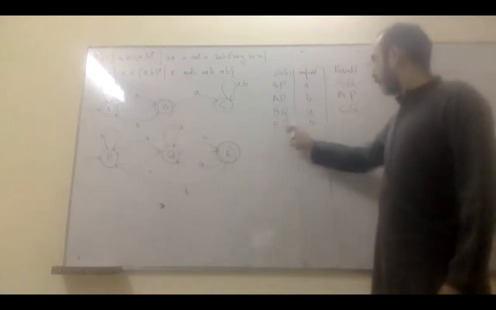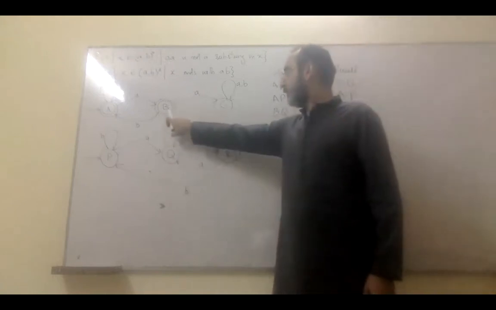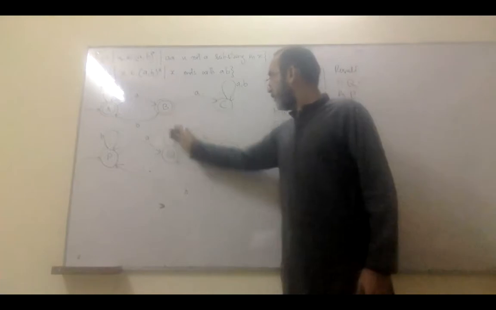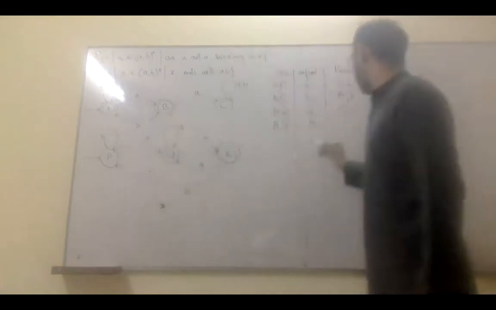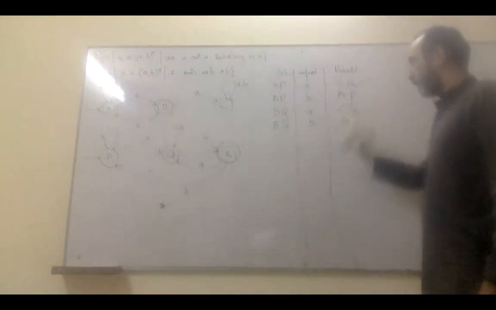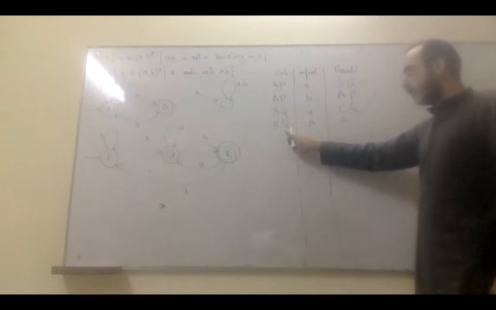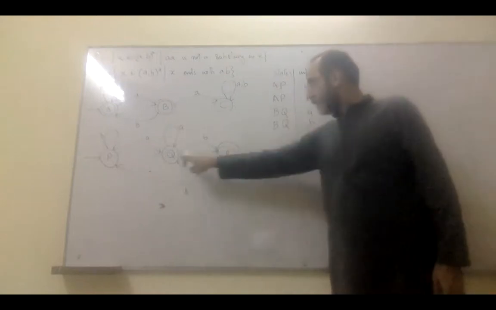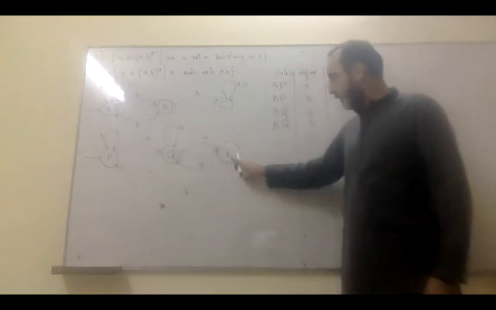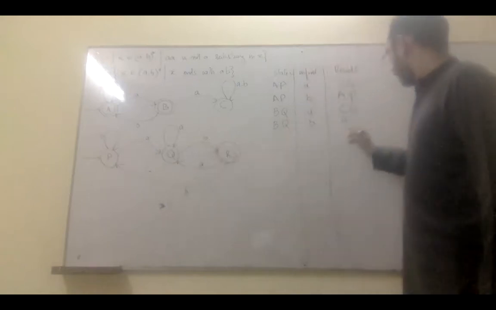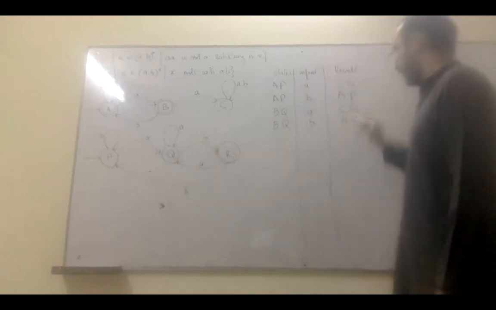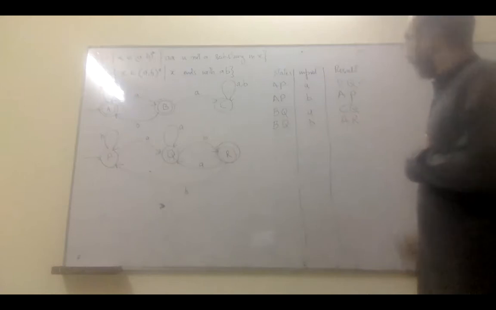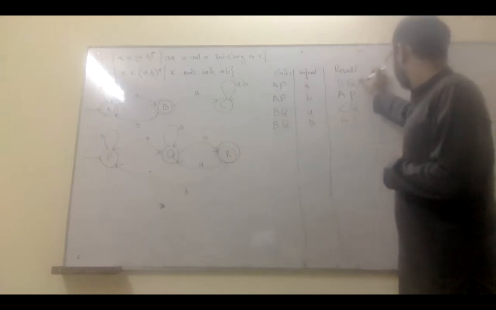At B with b, B is going back to state A, so you can write A. And at Q with b, I reach R, so you can write R. So now this row is finished.